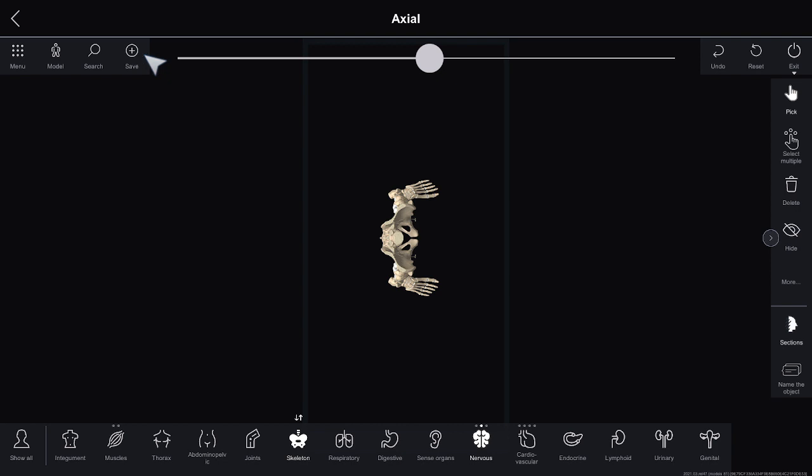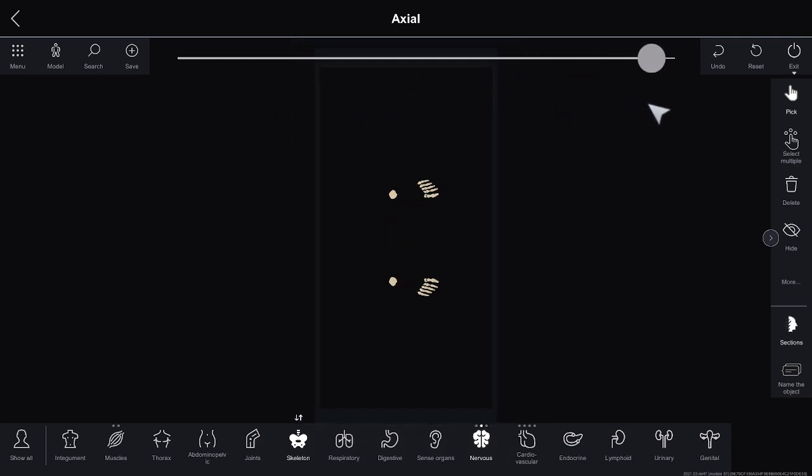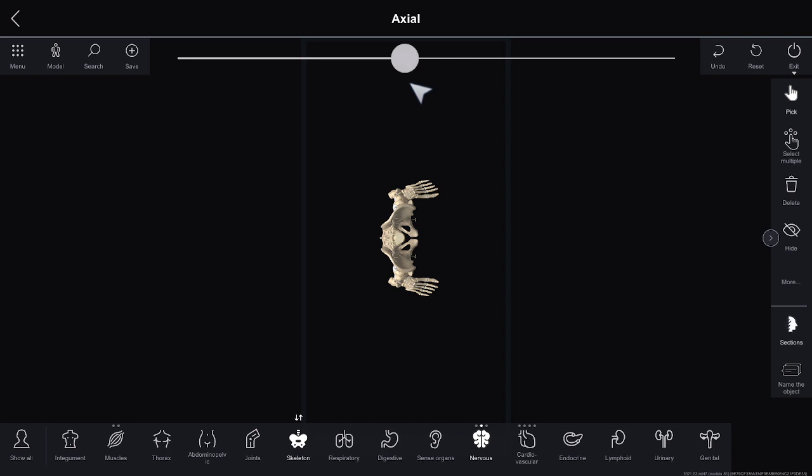You can see here the line with this point, which allows us to make a section in different directions. And we begin from the middle part of our body. It's very convenient to use the mouse if you work with a laptop or computer.